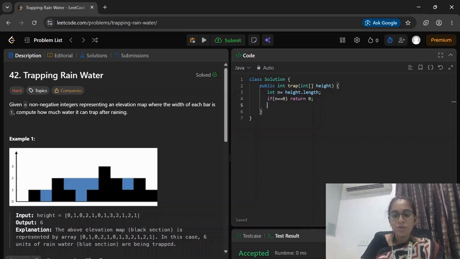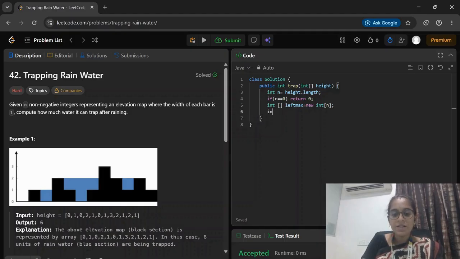So next, as we have seen, we maintain two different arrays, right? We need to initialize two different arrays, left max and right max. Left max equals new int of n, we give the space for the given n height length, and we fix the left maximum array.